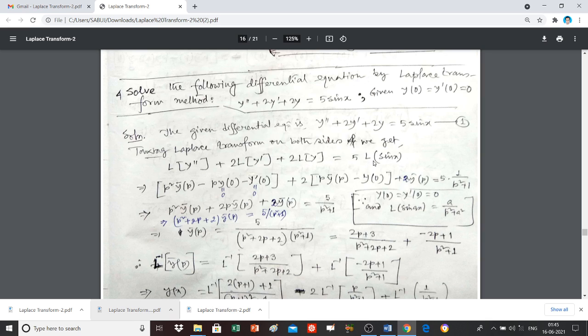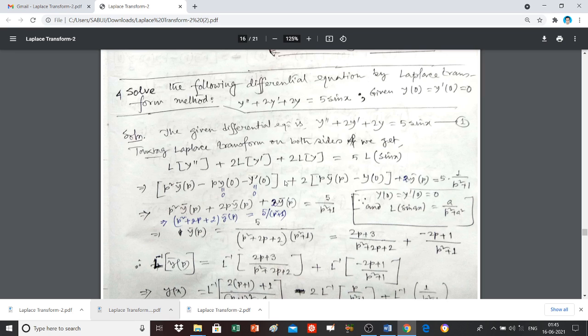The Laplace transform of the second order derivative of y will give you p square Y of p minus p y of 0 minus y prime 0, and this term will give you 2 times p Y of p minus y0, and this term will give you 2 Y of p, that is equal to 5, and you know the Laplace transform of sin ax is a by p square plus a square. In our present case a is 1, so that will give you 1 by p square plus 1.